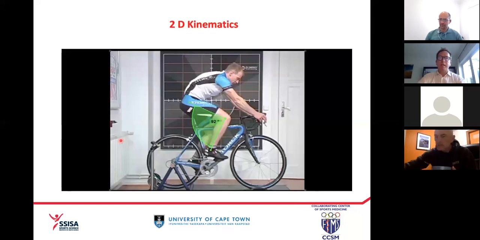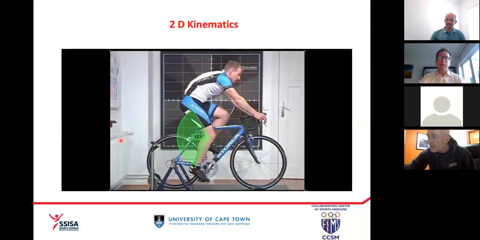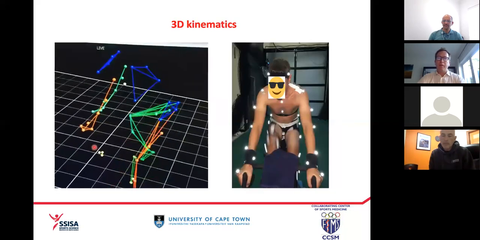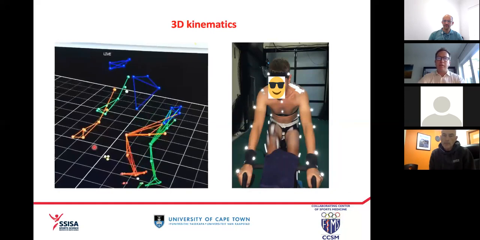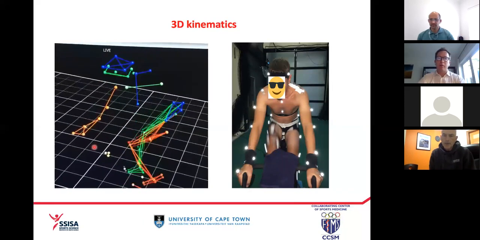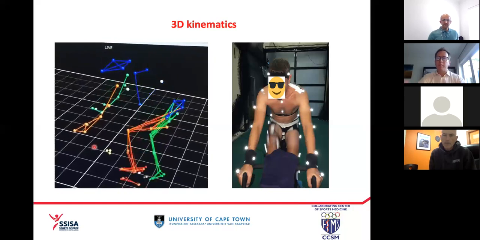2D kinematics is easily available. There is free software available. You can pay for software, but they are all very functional software systems and are used by many fitters and many labs around the world. And then we have really high quality 3D kinematic systems, such as we use in our research laboratory, the Vicon system, which uses 45 markers.